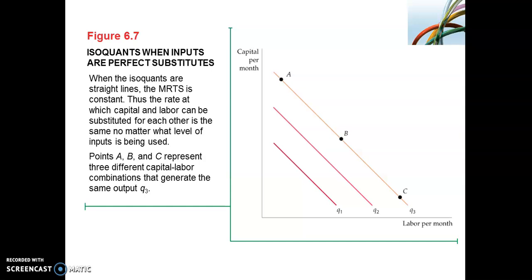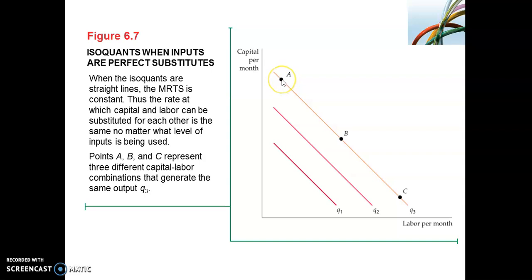Remember, your MRTS is your slope. And you can see that you've got a straight line. Your isoquant is a straight line, so that implies that your slope is constant. So your MRTS is constant. So for points A, B, and C, on this isoquant Q3, your MRTS is going to be constant.